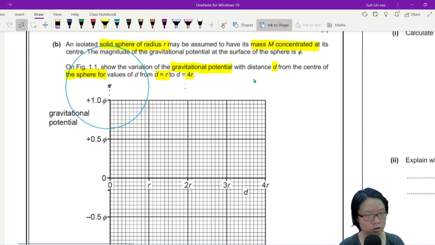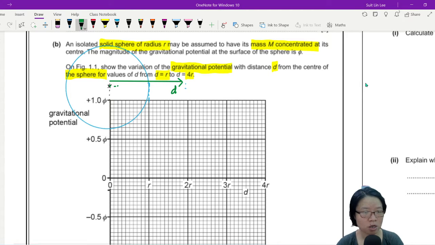I'm trying to draw it as accurately as possible to help people. This is the radius of the sphere. You are asked to draw from R, because this is D, we are traveling away from the planet. The blue circle is the mass or the planet, and we are measuring D from this point. So D is measured outwards this way.